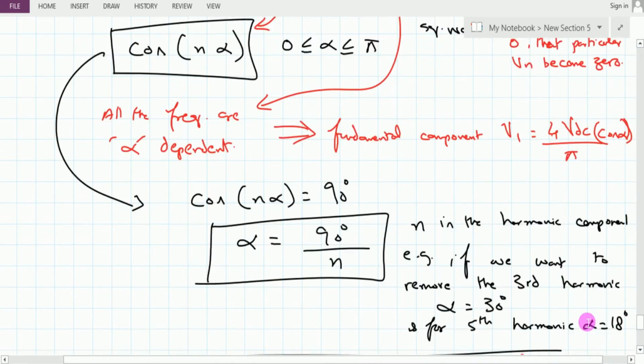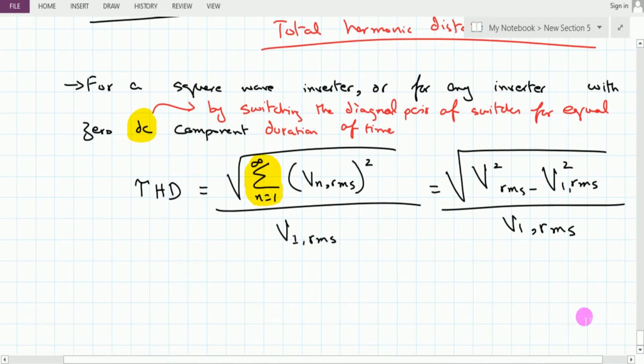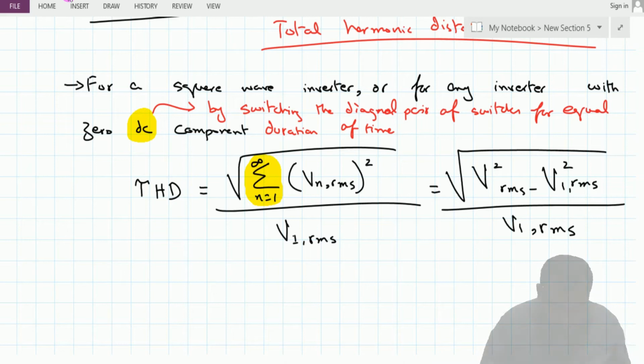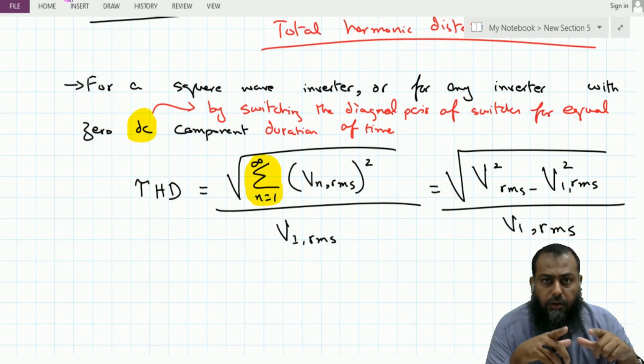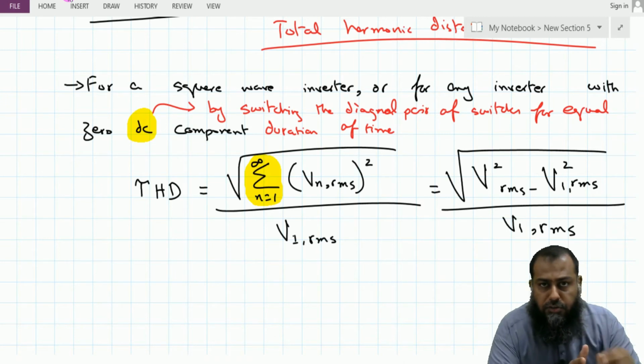So for that system, the THD is equal to the square root of VRMS square minus V1 RMS square, over V1 RMS, which is the fundamental component present in the system. Let us analyze the inverter example that we studied yesterday in terms of the THD, and thereafter we will apply the quasi square wave technique to see the impact on the total harmonic distortion.